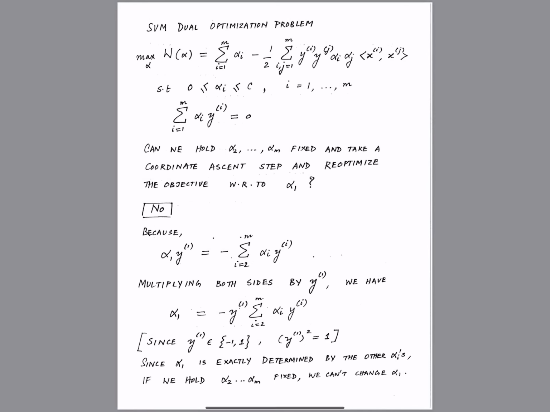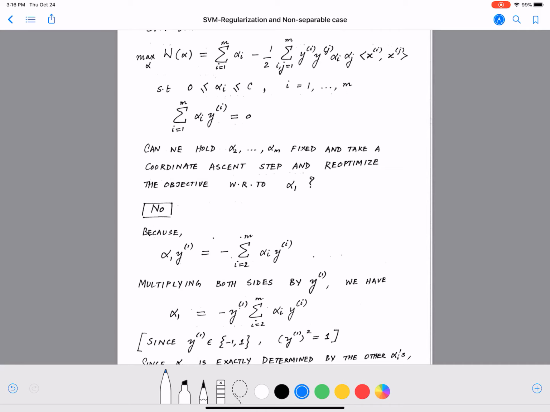Now, let's consider the SVM dual optimization problem. Specifically, can coordinate ascent in its simplest form, as we just saw, be used for the SVM dual problem, or do we need to make some minor modifications? So let's look at the dual optimization problem. That's right here, right?